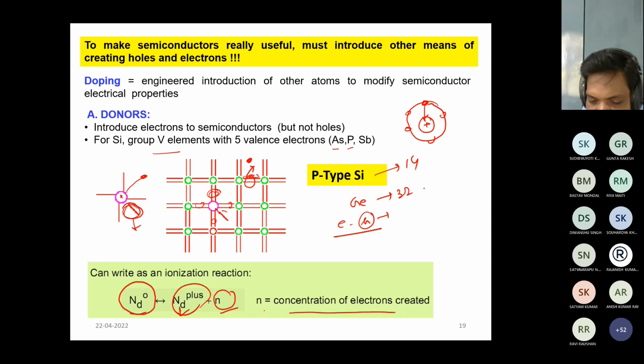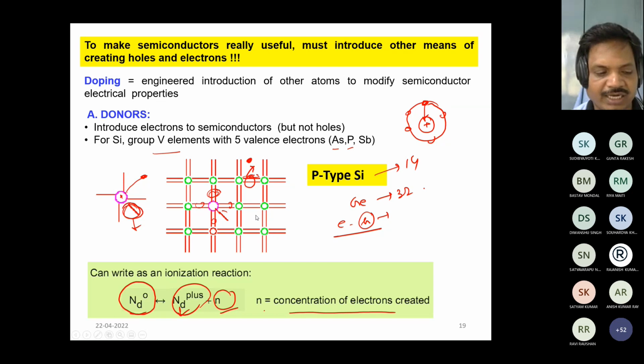As the number of electrons increases, the conductivity increases, so more doping means more electron concentration and more conductivity.